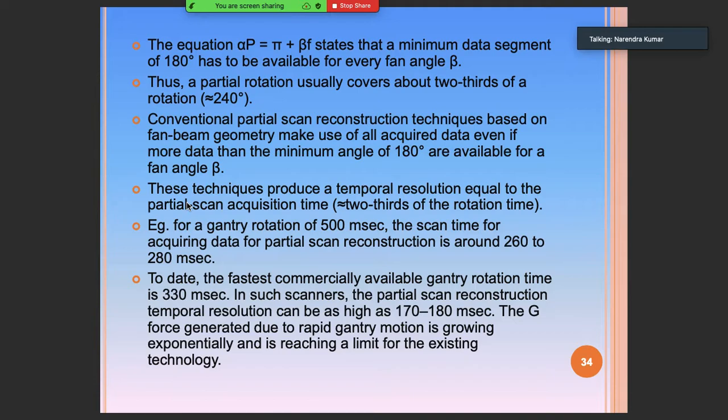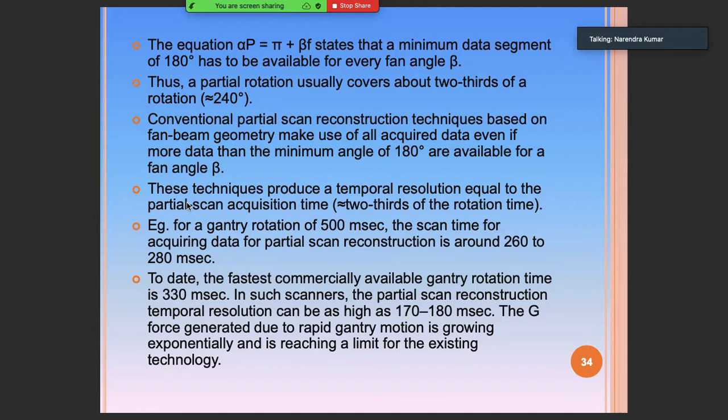The partial rotation tends to cover nearly 2/3 of the rotation, which means, out of 360 degrees, it will be like 240 degrees. This is the reason the fastest commercially available gantry, as I said, can go even up to 250 milliseconds.